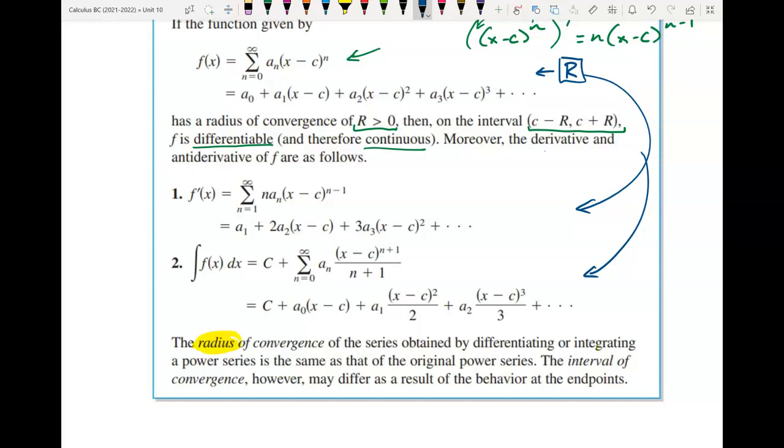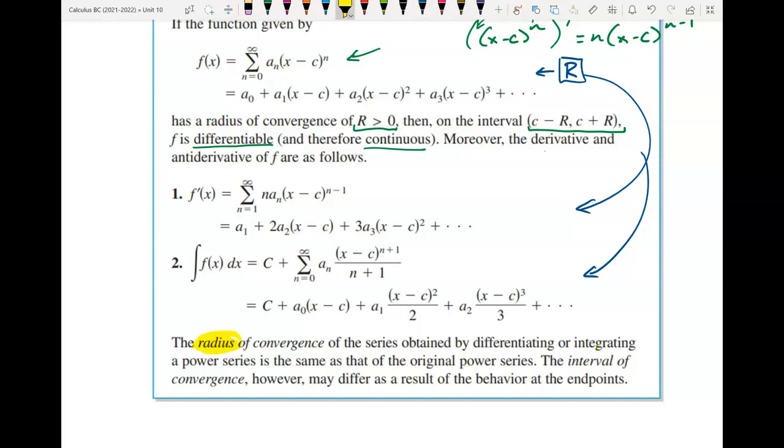So we're going to see problems where an original function will have to be integrated or differentiated and we determine intervals of convergence. Well, if we just find the radius of convergence for the first function, that's going to be the same for the others, and I don't have to go through the ratio test for all three, which is nice.